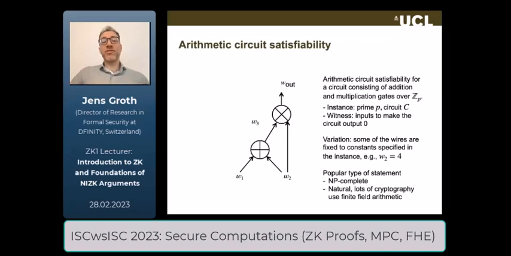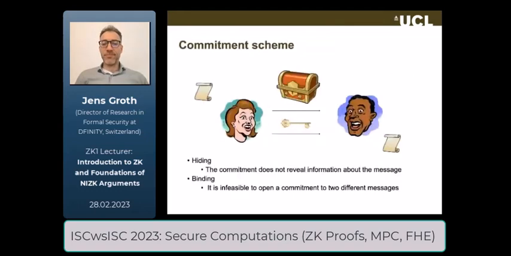There are variations of arithmetic circuit satisfiability. Some proof systems are for a fixed arithmetic circuit, where what you vary is just some of the values, which are fixed to some constants. Others allow you to choose the arithmetic circuit.